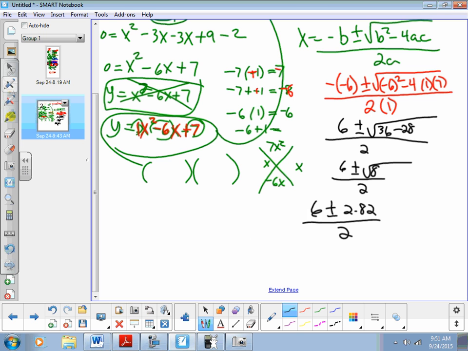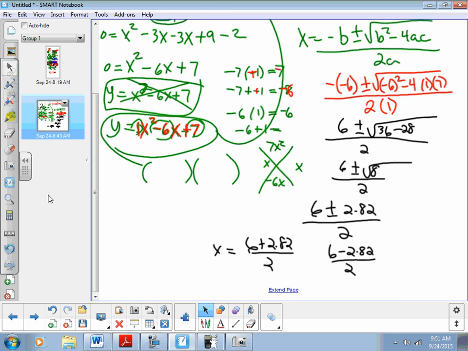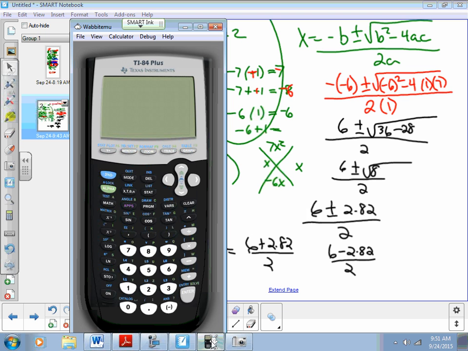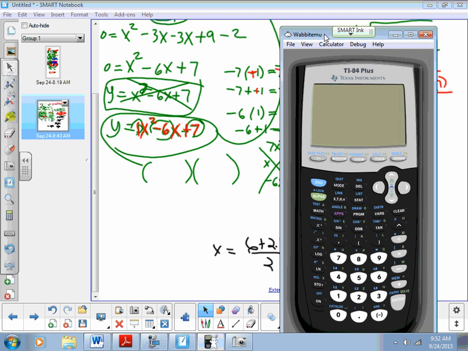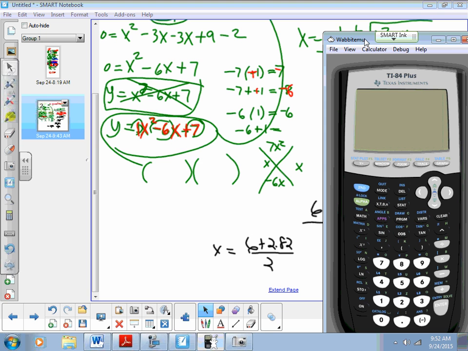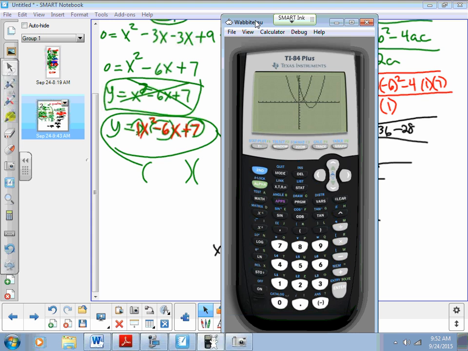So the two x-intercepts are at x equals 6 plus 2.82 divided by 2, and 6 minus 2.82 divided by 2. And I'll give you a hint. If I were to type that into the equation, actually, I don't even have to type it. I already typed it in here.